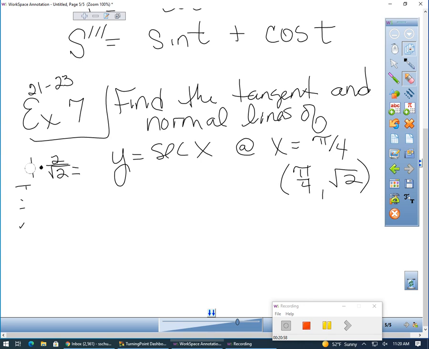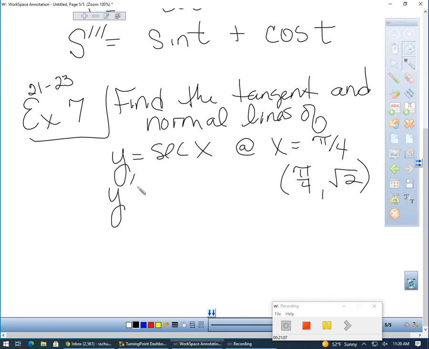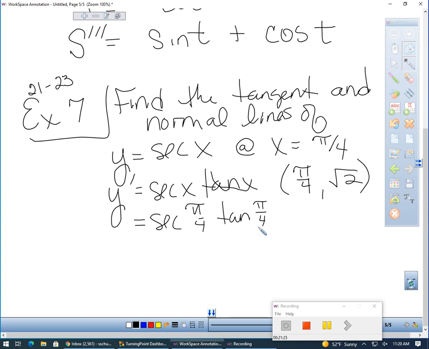All right. So now we have a point. So now what we have to do is we've got to find the derivative so we can find the slope, right? All right, so y prime equals secant x tangent x. All right, and we plug pi over 4 into that. So secant of pi over 4, tangent at pi over 4.